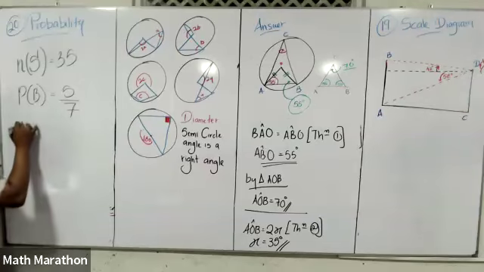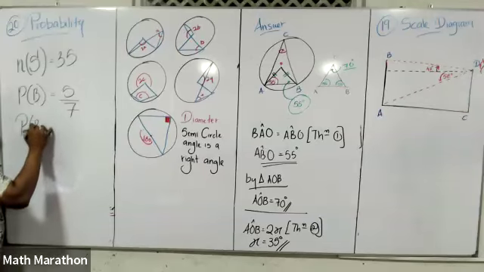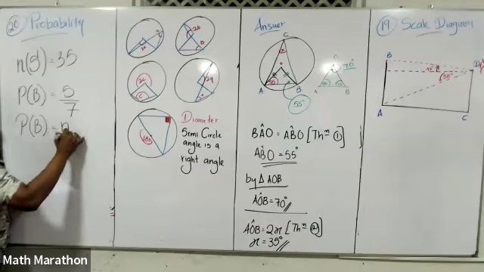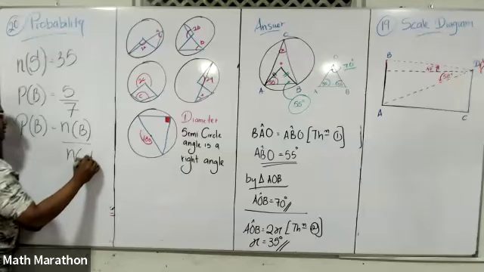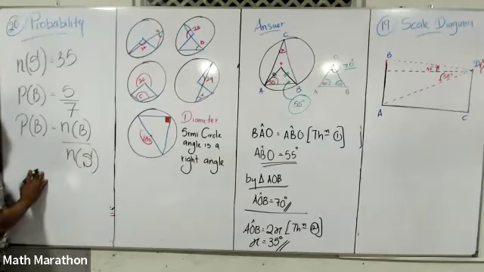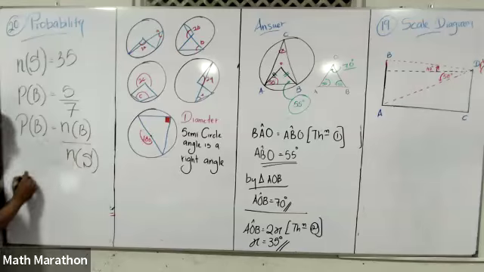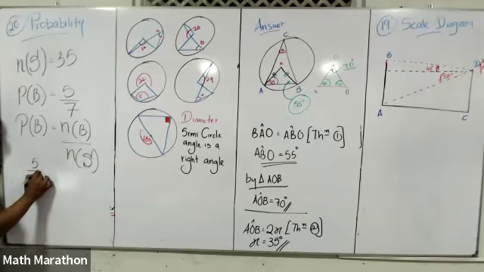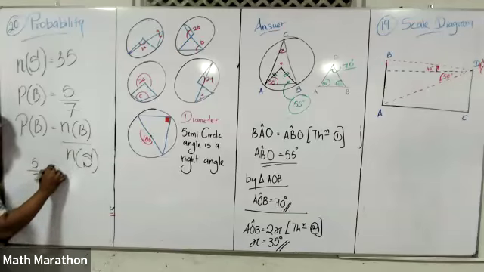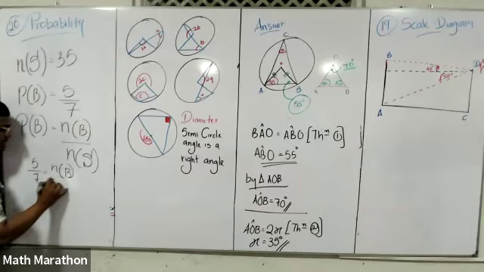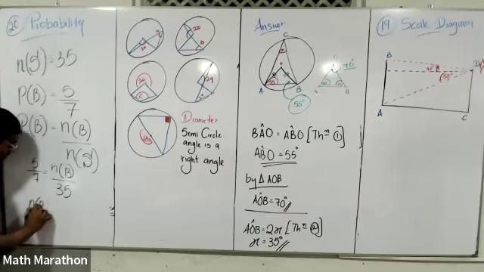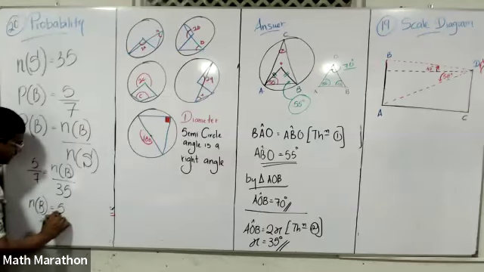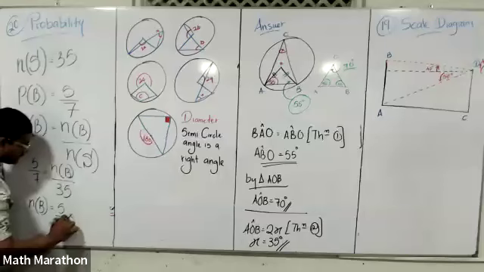So what is the probability? Probability of B means number of black marbles divided by number of total marbles. Basics. So this is 5/7 equals number of black marbles divided by total, which is 35. Number of black equals 5/7 multiplied by 35.